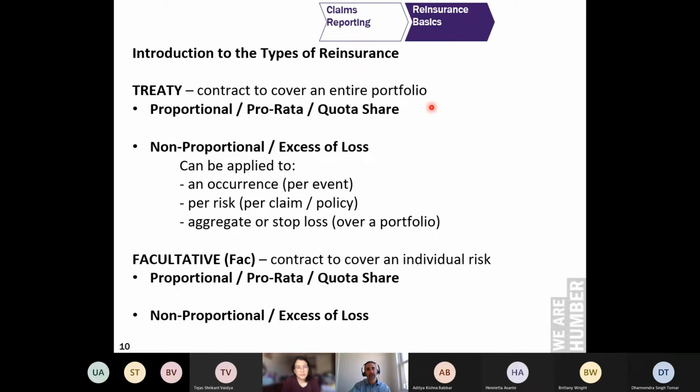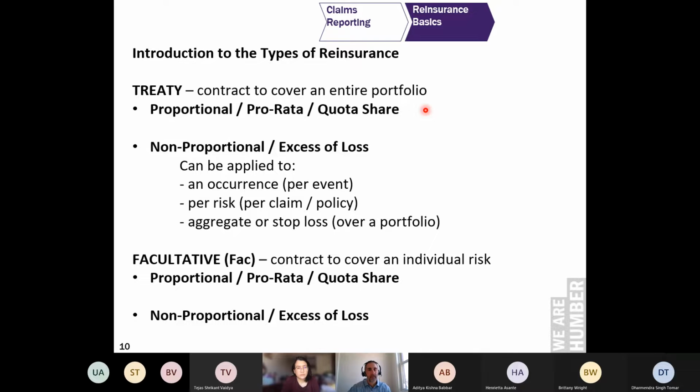You get 25% of the premiums, they're going to get 25% of the claims. So something like quota share wouldn't change your loss ratio, because if you keep 75% of the premium and 75% of the claims, that ratio of claims to premium stays the same, right? You're just sharing the dollars. You get the same ratio of a smaller piece of that pie.